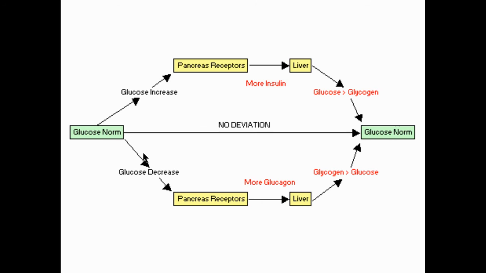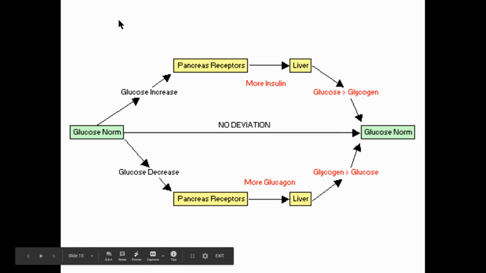But if you go down here and you don't have enough glucose, right? You haven't eaten sugar in a long time and it's too low, then your pancreas receptors are going to say, okay, liver, time for you to release that glycogen back into glucose. Let's put some glucose into the bloodstream because we need some energy right now. And then when that happens, we have a normal amount of glucose.